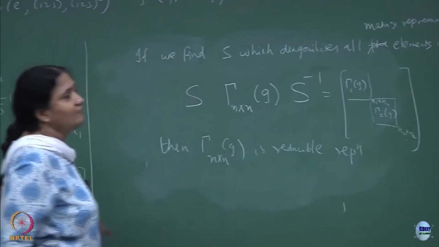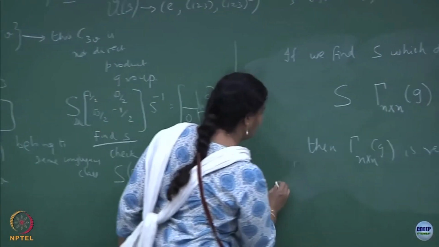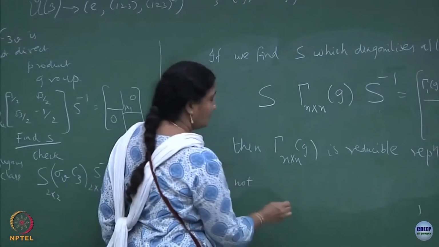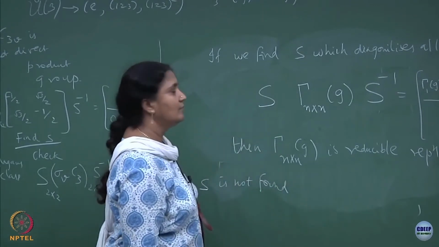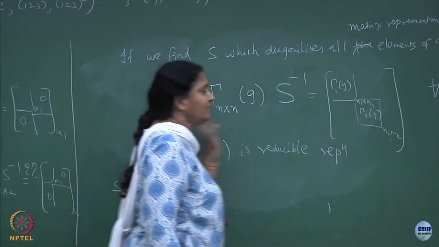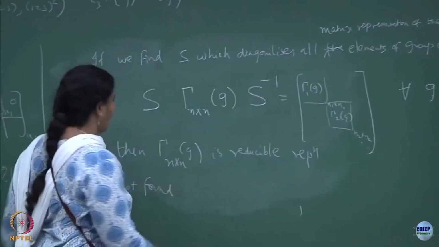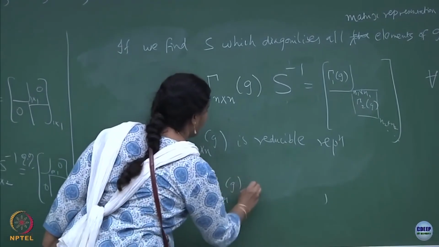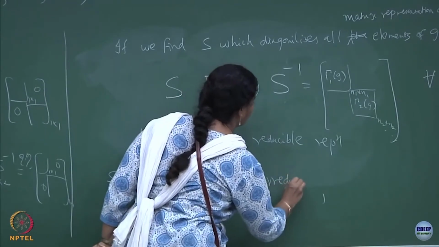If I cannot find an S, if S is not found, then this element itself, what does it mean? If you do not find an S, I cannot break it up like this, which means this one will itself be an irreducible representation.